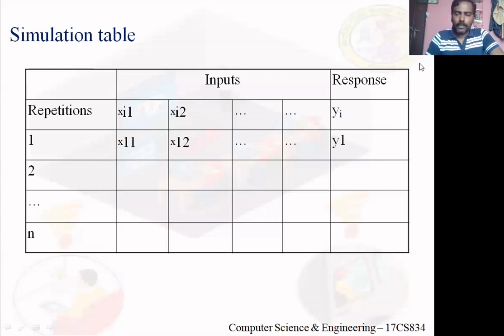If my objective is determining average response time, in the table I have the response time of all n customers. Let me sum all n customers' response times and divide it by n. It gives the average response time. Clear? So all of you have understood this simulation table.